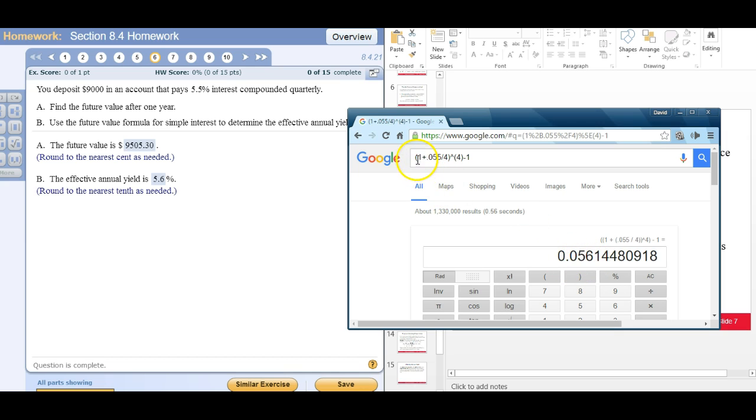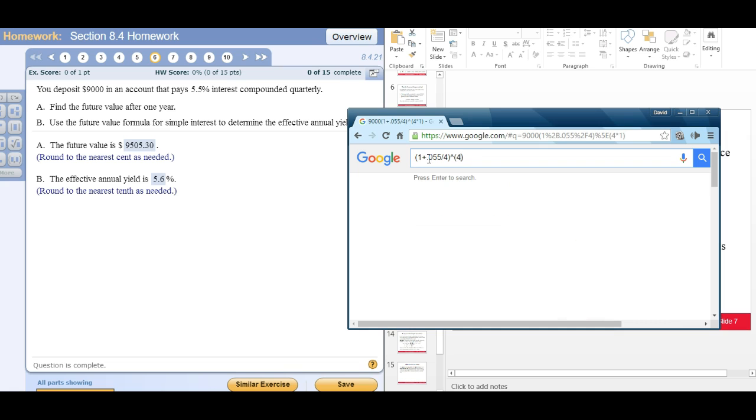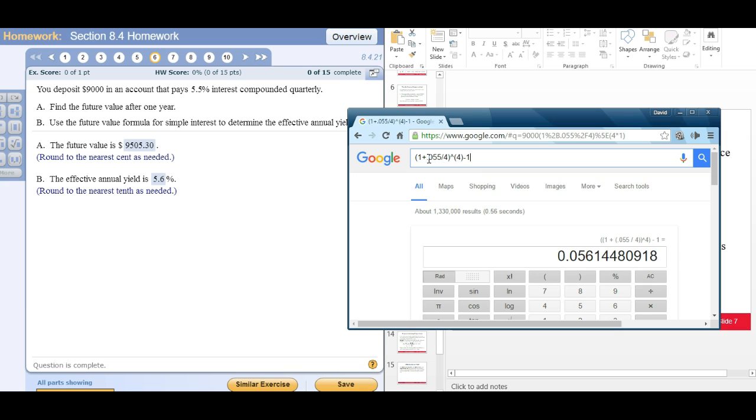So all I did there, again, just look, there's the old formula. I just took away the P, I took away T, and then after you raise it to the n power, you just subtract 1. And there's my answer, my yield as a decimal. So move it 2 places to the right, 5.614, and then round to the nearest tenth.